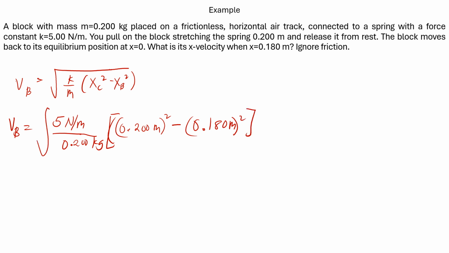And don't forget the square root. So my vb will be the square root of 5 over 0.2 times 0.2 squared minus 0.18 squared.